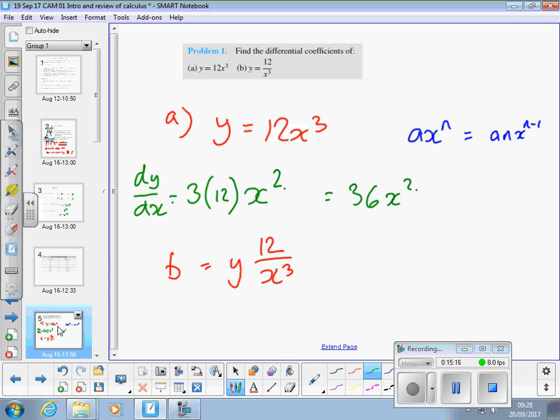Now, if you take 1 off 3, you get 2 then. Yeah? Alright? So, Lewis, how do we rearrange that so we can differentiate it?